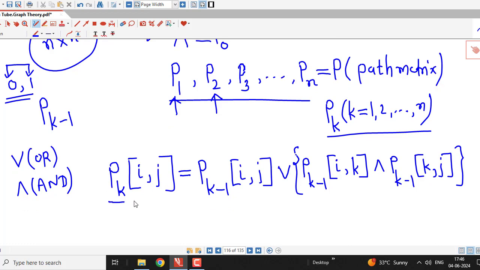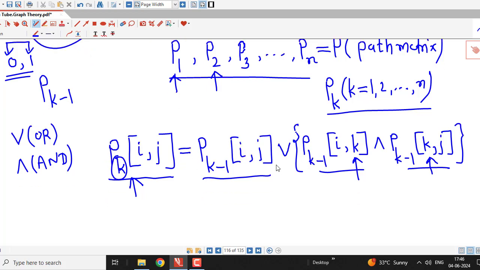So you can see, to write down the entries of matrix Pk, we are using 3 entries of the preceding matrix, and this k is the k in the suffix of the matrix P.